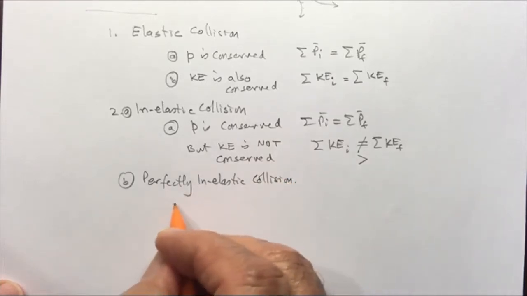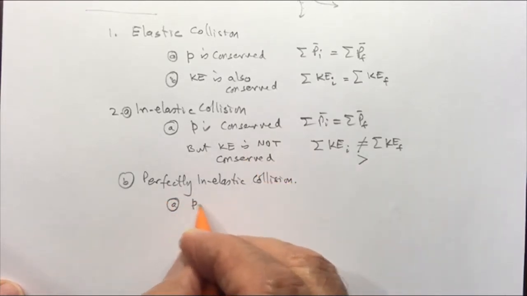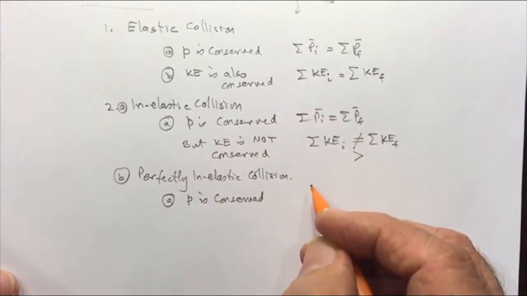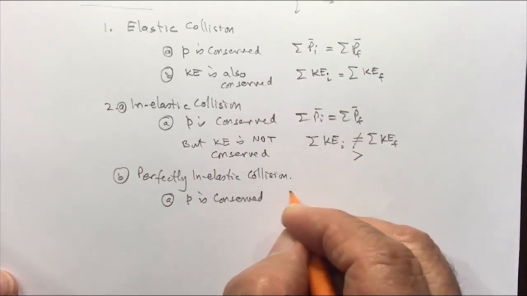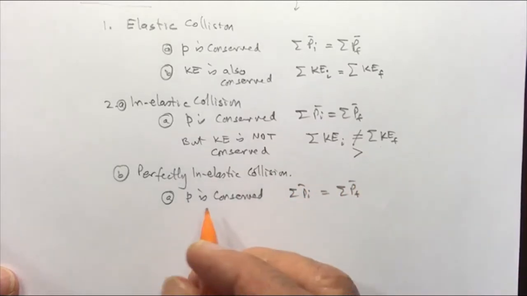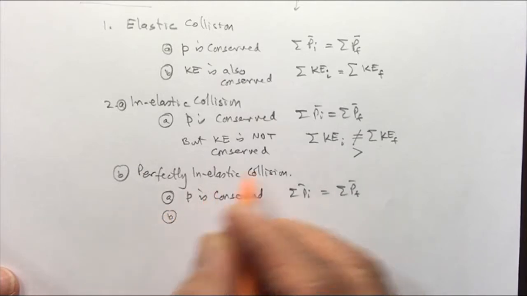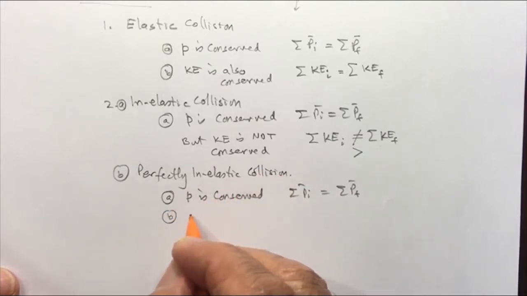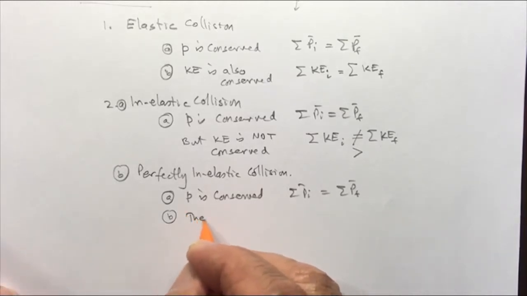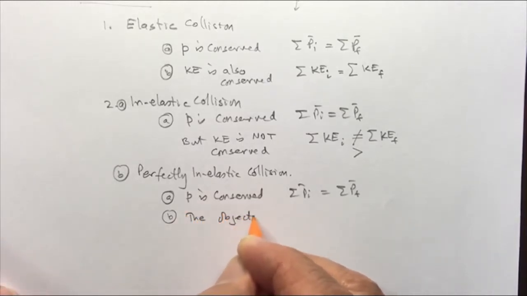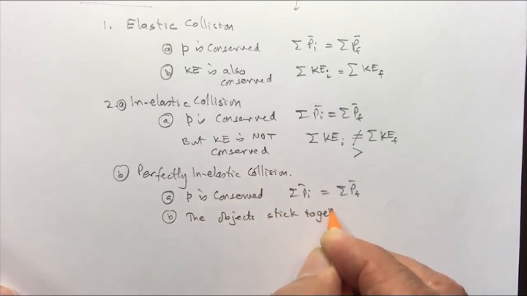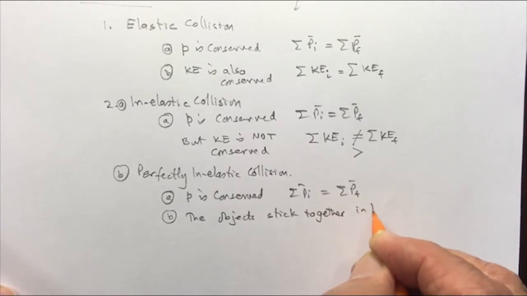In this case, the momentum is always conserved. This goes without saying, it's always conserved in all collisions. So the sum of p initial equals the sum of p final. And the second thing is that the two objects, or whatever number of objects are colliding, stick together in the collision.